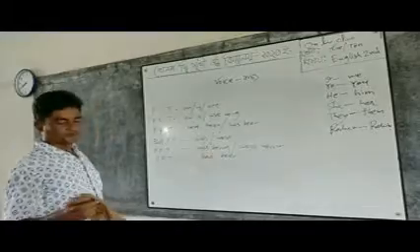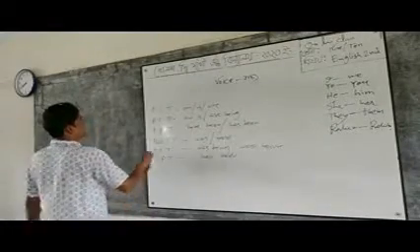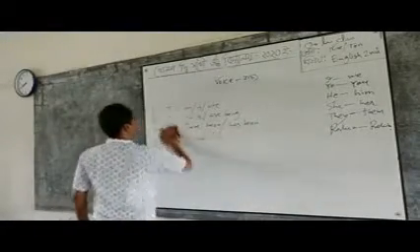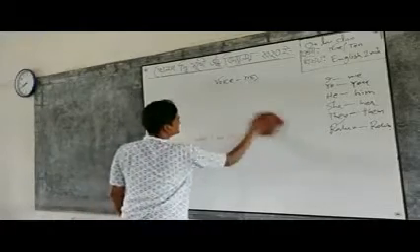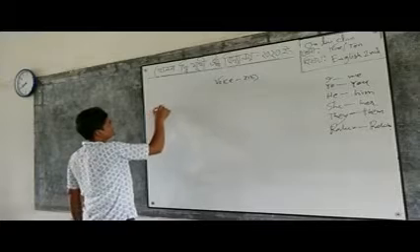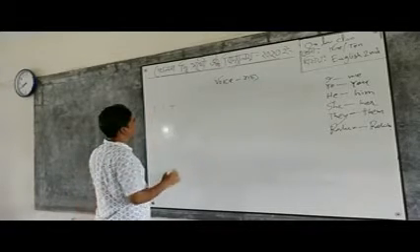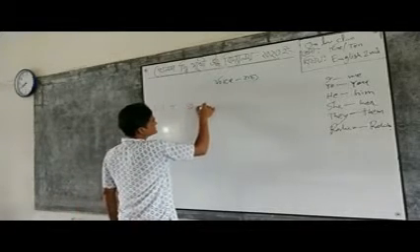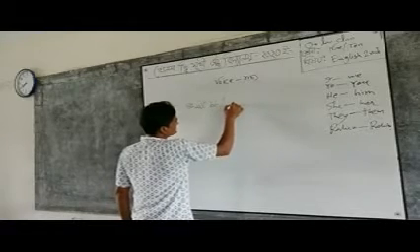The same way, when the tense is future indefinite tense, the auxiliary verb will be shall be or will be.